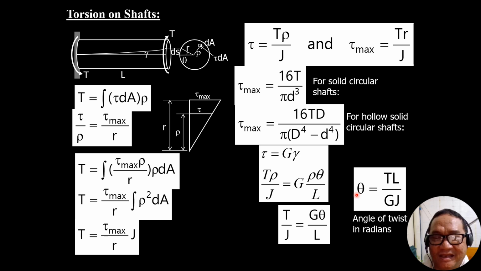So again, theta equals TL over GJ, torque times length over GJ.